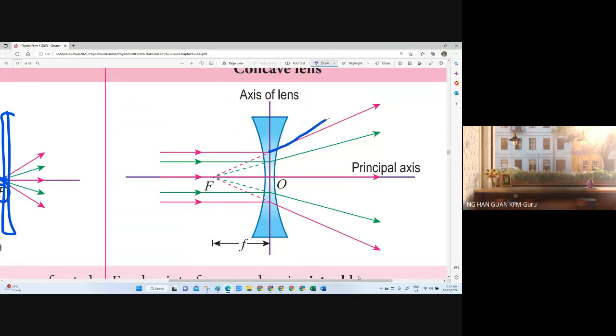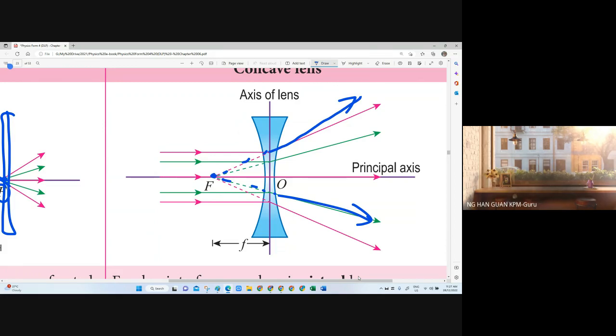But for the concave lens, when the light passes through the lens, it will diverge, spread out. Diverging from a point, when extended, it will form a point here. Diverging from this point, we call it the virtual focus, because this is light that is unable to be projected on the screen.